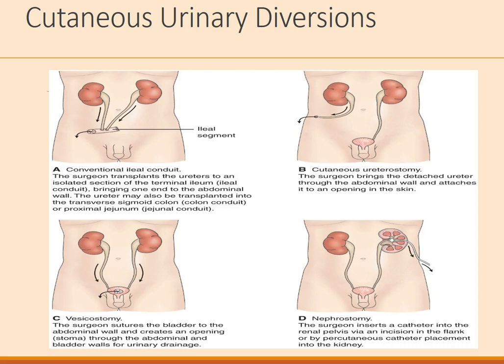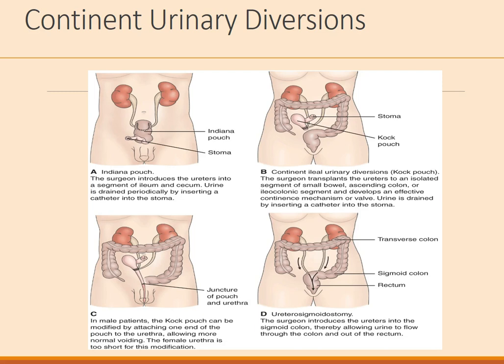The kidneys or the ureters come down and they attach the two, and then it comes right below the belly button. We have a nephrostomy, which is basically where a surgeon puts in a drain directly from the kidney through the wall of the flank, and it drains that way.